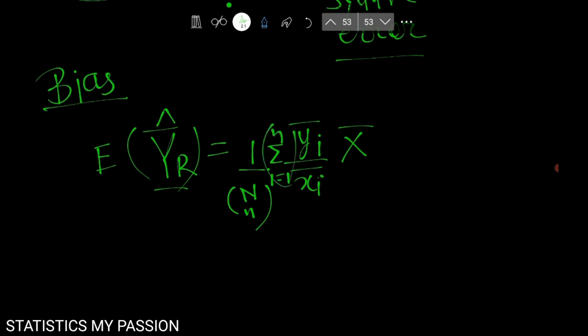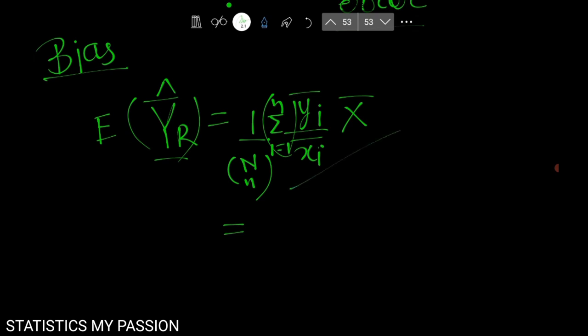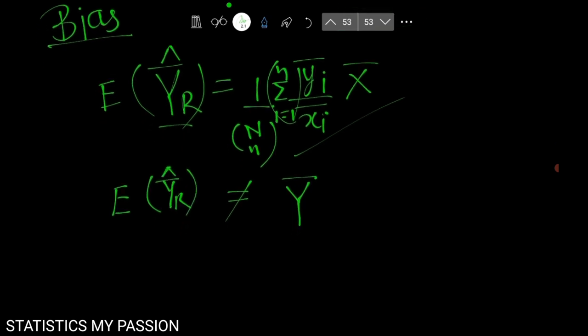Because i is over here, because we take the sample observations here. Now after simplification we find that this is not equal to the population mean. After the bias we will find the MSE.